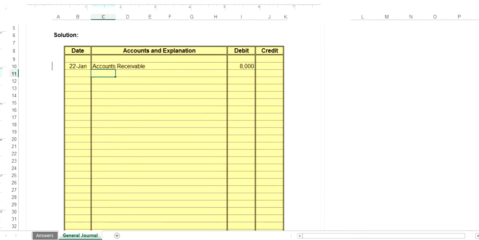And since we perform services, we can record service revenue for the same amount. And remember, revenue accounts increase when you credit them. So here we go. And it's always good form to include a brief explanation. We can say performed services for customers on account.